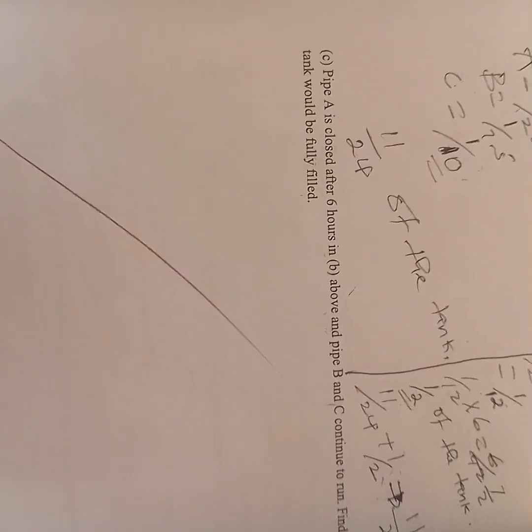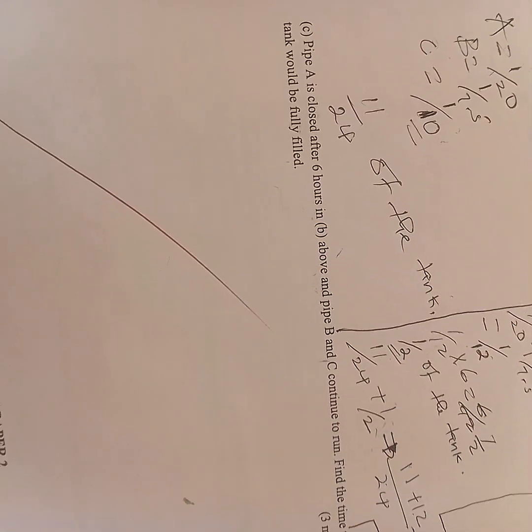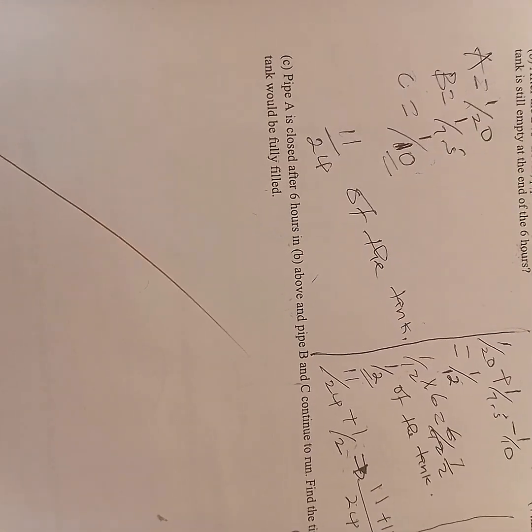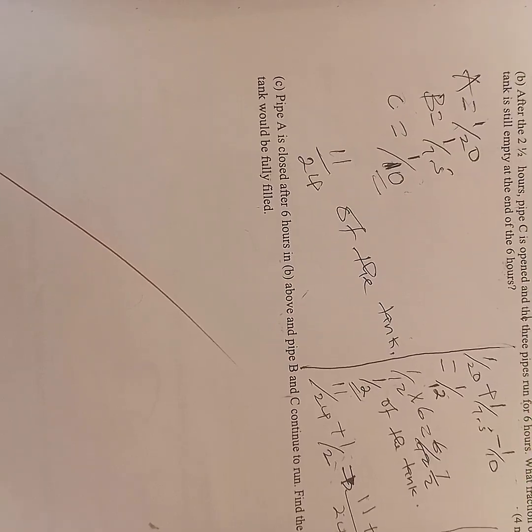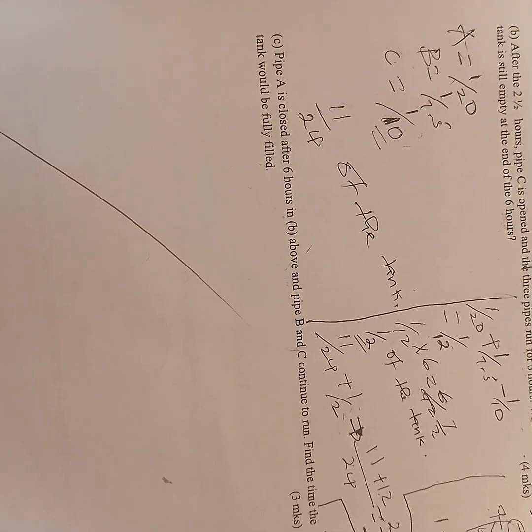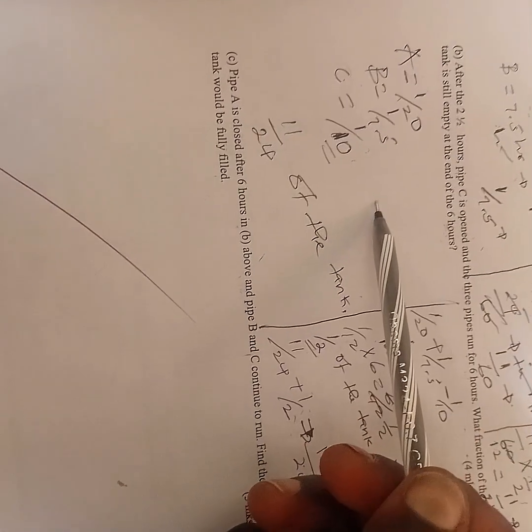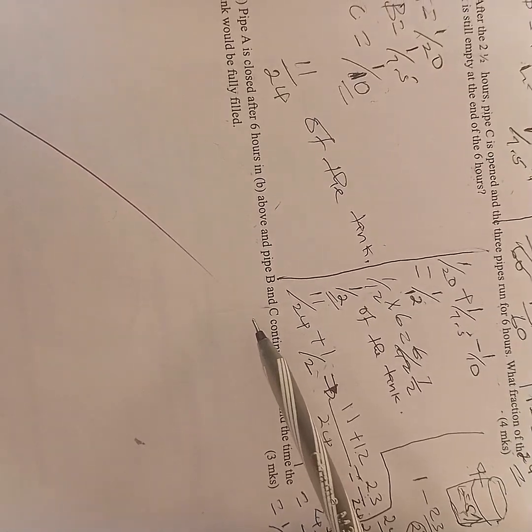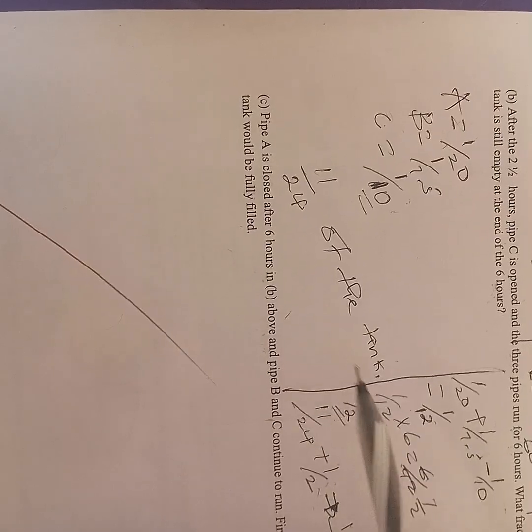So part C says pipe A is closed after 6 hours, and pipe B and C continue to run. Find the time the tank will be fully filled. So here we find the time.